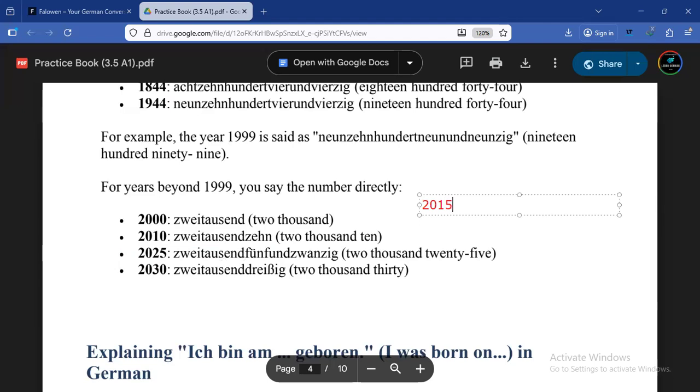So how will you say 2015? 5,015. 5,000 Funzen. Good.